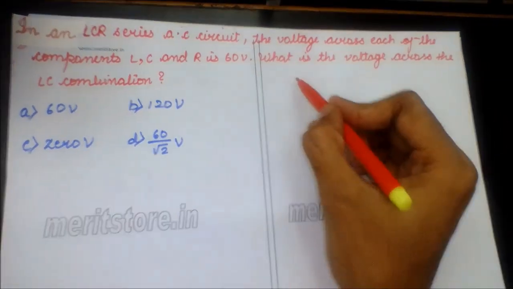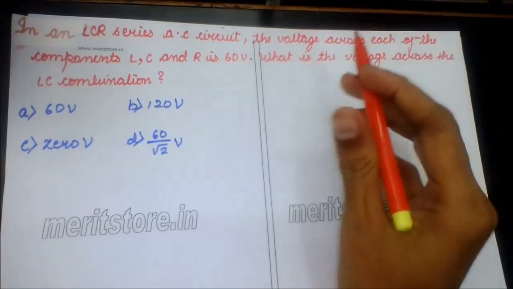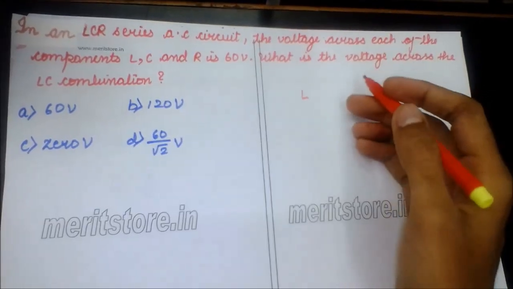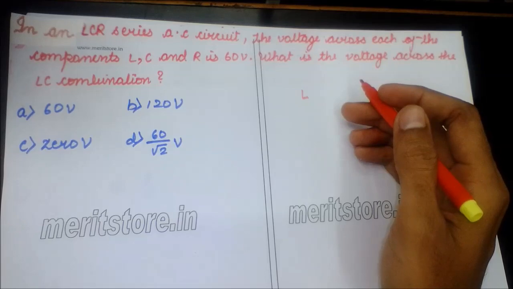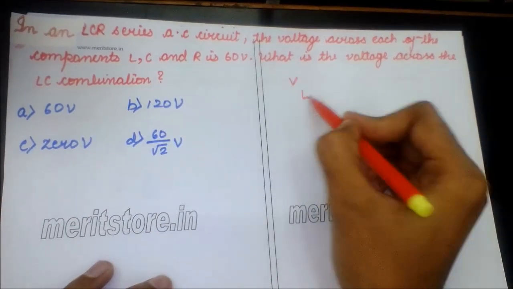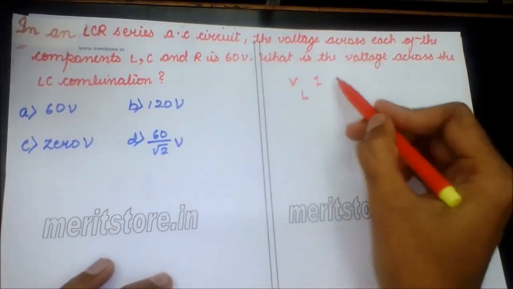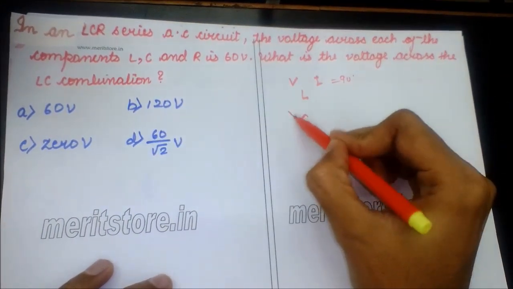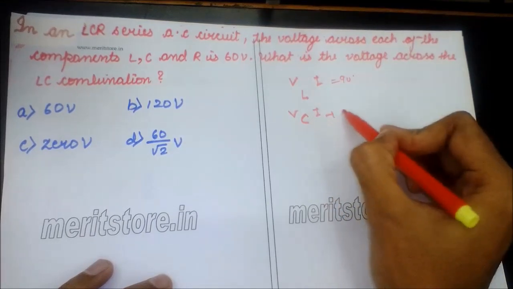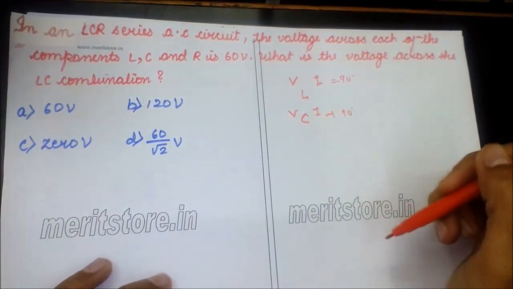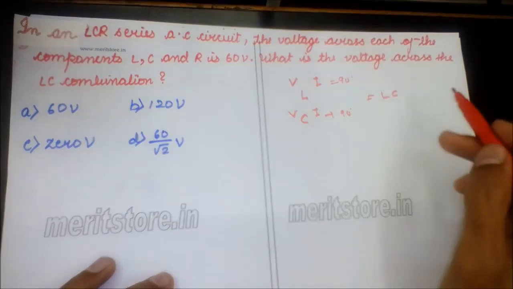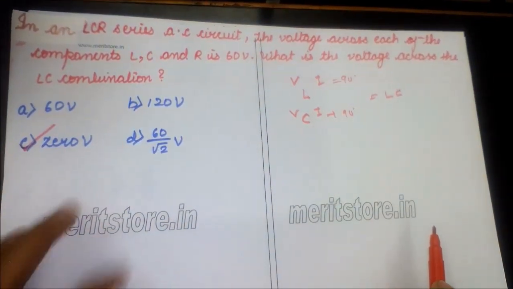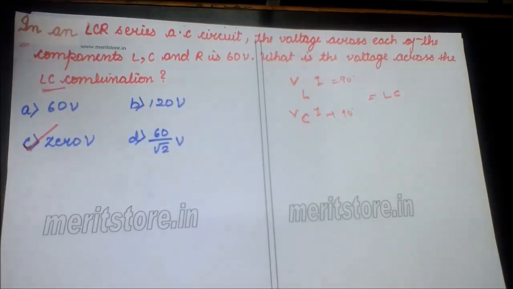So basically in an LCR circuit, the voltage across L leads the current across L by 90 degrees, and similarly, the voltage across C lags the current across C by 90 degrees. As a result, the combination of LC becomes equal to 0. So C, 0 volt, is the voltage across LC.